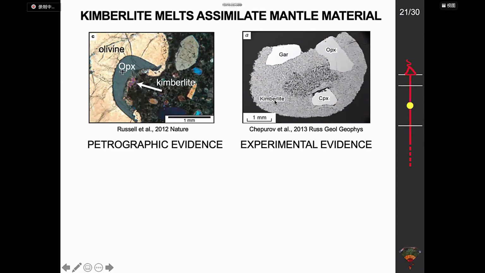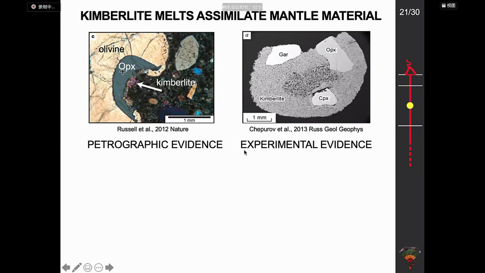A bunch of guys from Russia and elsewhere have done experiments where they've tried to put nicely euhedral gem-like crystals of garnet, orthopyroxene, and clinopyroxene inside a kimberlite melt, bring them up to a relatively high pressure and temperature, I think 1 GPa and 1400 degrees, and the result is that these grains are resorbed, meaning that kimberlites assimilate lithospheric mantle material during ascent.